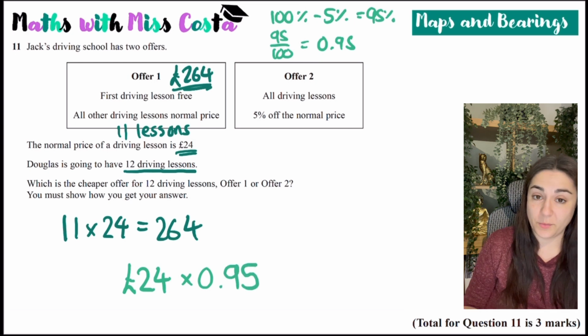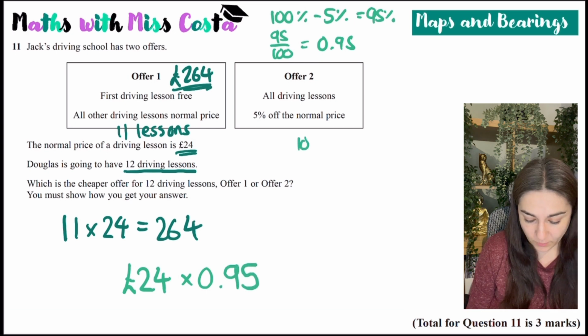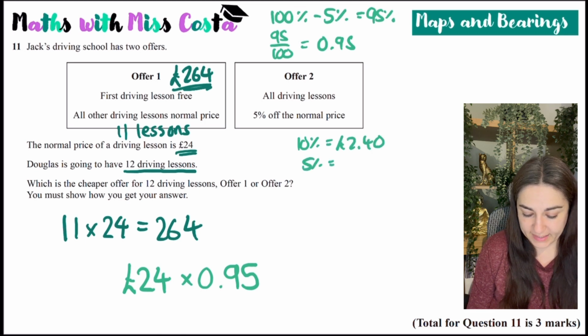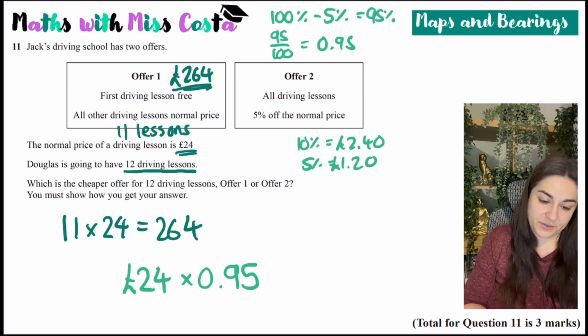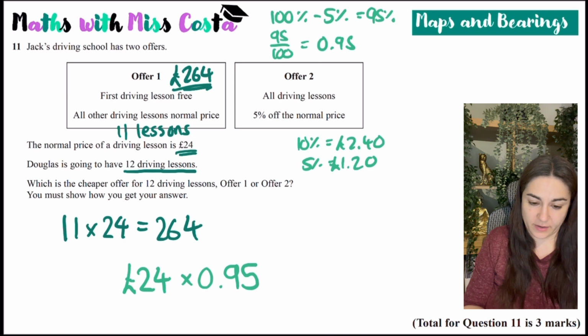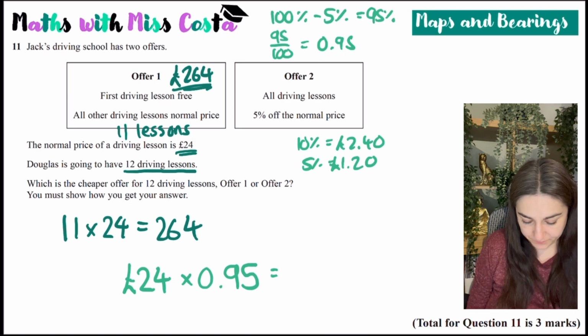Or you could also work out what 5% is by working out that 10% is £2.40 and therefore 5% is £1.20 and take it off the price. But let's use the multiplier method. So 24 times by 0.95 gives me £22.80.